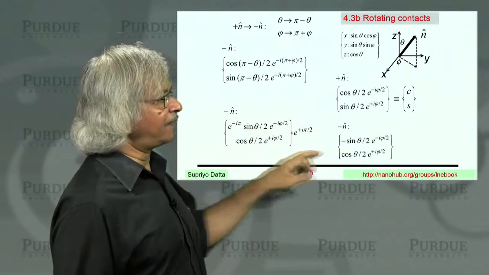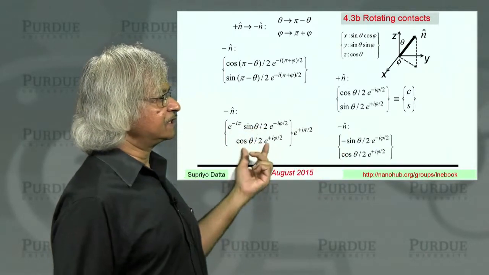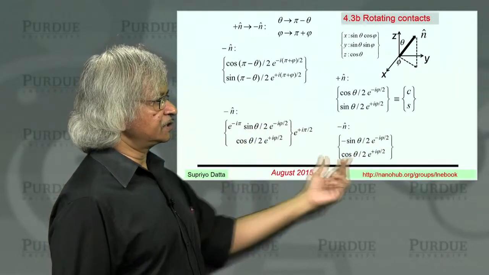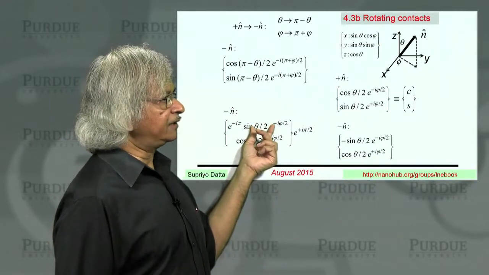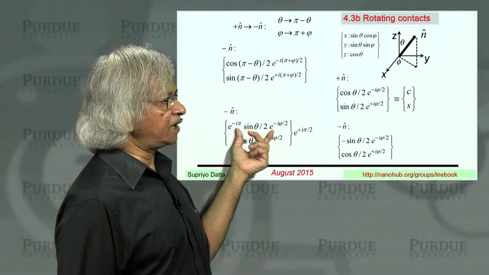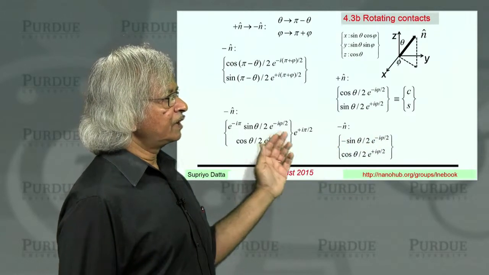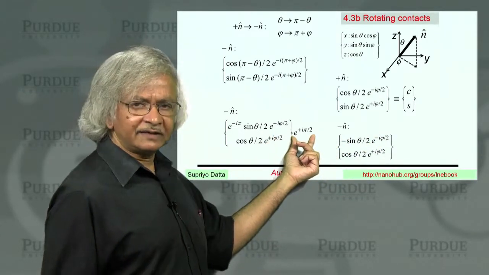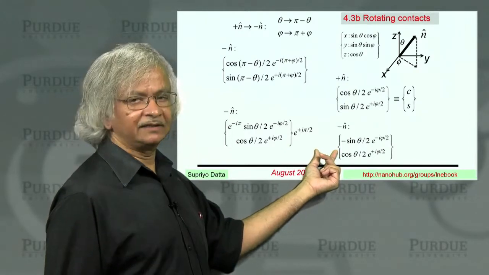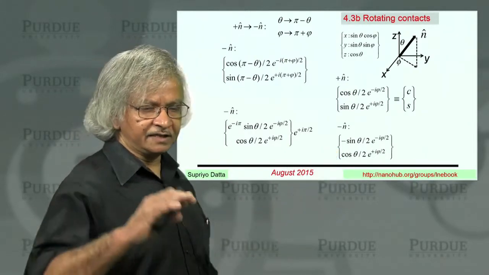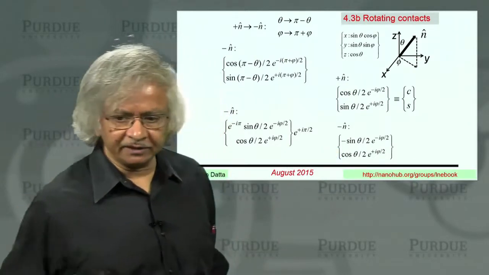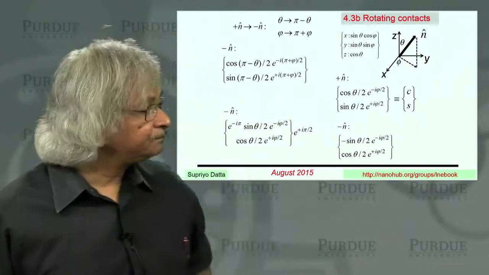So we could write the minus n as just this, which is what I've written here, and this part, and the exponential i pi is a minus 1. So that's that. And the phase factor in front, that really doesn't matter. You could put anything in front. And as I said, this is something we'll justify a little better in the next lecture.